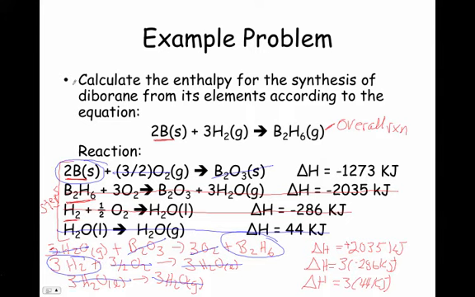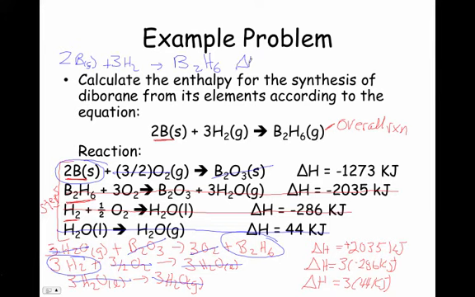So what we have left is 2 boron solid plus 3 H2 goes to B2H6. And this matches our overall reaction, which means that we can add up the delta H's that we used from these 4 reactions, the way that they're written now, to get our delta H of the overall reaction.